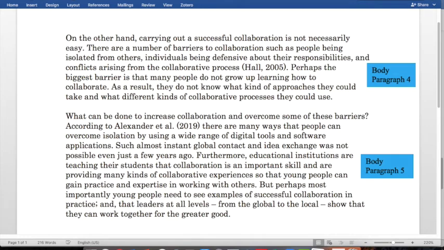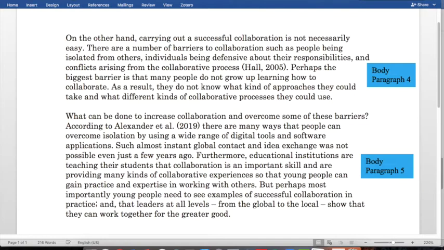We can see from our simple example of problems in rural Japan how a whole academic report could be organised in this way. It's also possible that part of a report can have a problem solution pattern. Here you can see two paragraphs from our model academic report on collaboration, body paragraph 4 and body paragraph 5.